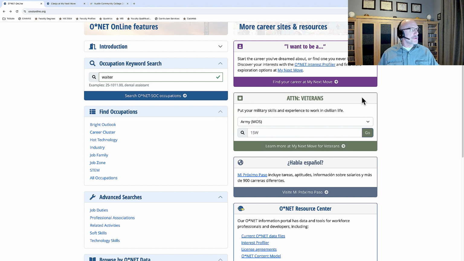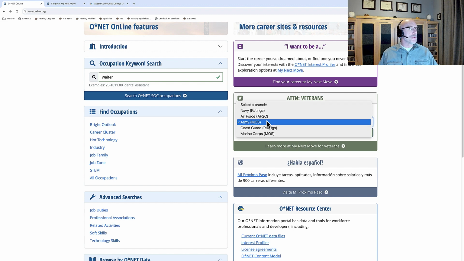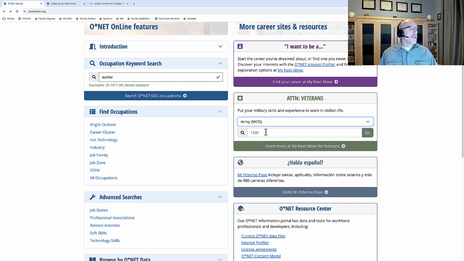Military veterans sometimes have a difficult time translating their military acquired skills into skills that are useful in the private sector. Here, let's just say we use the Army as the branch and all of them are listed. And let's say we put in 15W as the MOS.